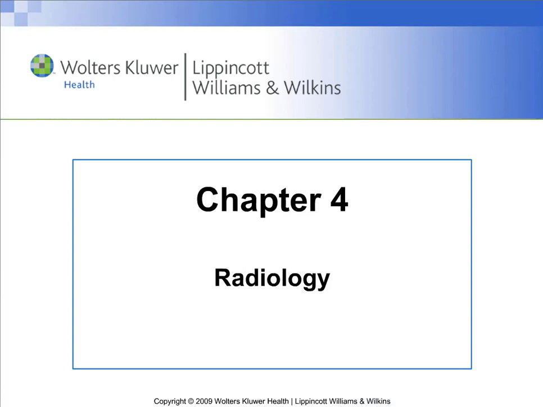All right, today we're going to be discussing Chapter 4 in your Fallon book, which is on the radiology section of your CPT-4 book. There are 4 subsections of this section, which is your diagnostic radiology, your diagnostic ultrasound, your radiation oncology, and your nuclear medicine.